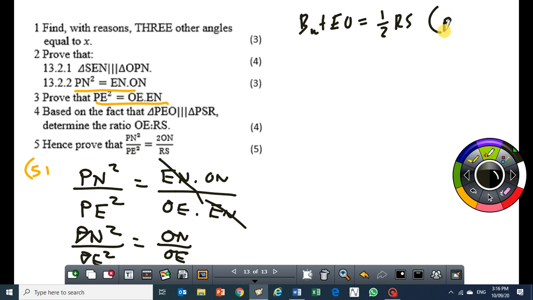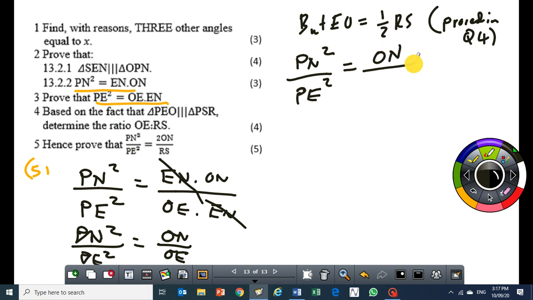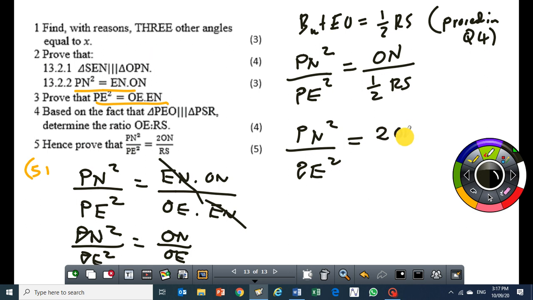This was proved in question 4, or you can say proved above, whichever you want. Then from there, write PN squared over PE squared is equal to ON divided by half RS. And this will give you PN squared over PE squared is equal to 2ON over RS.